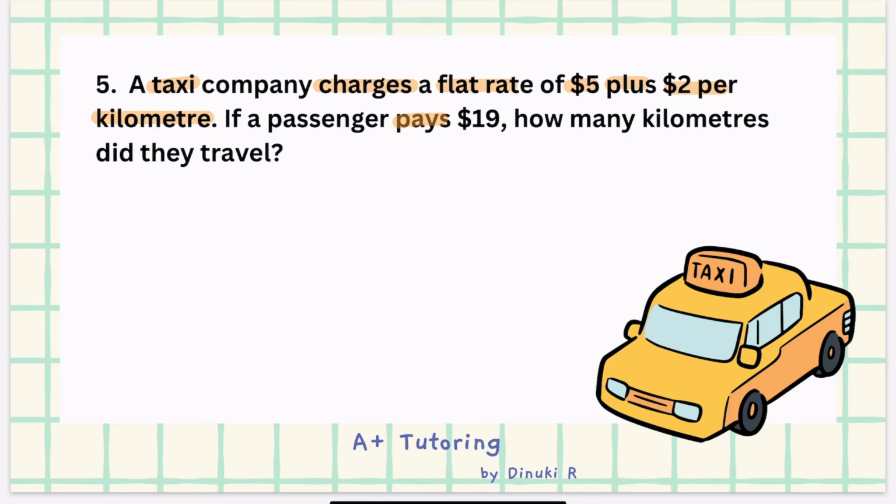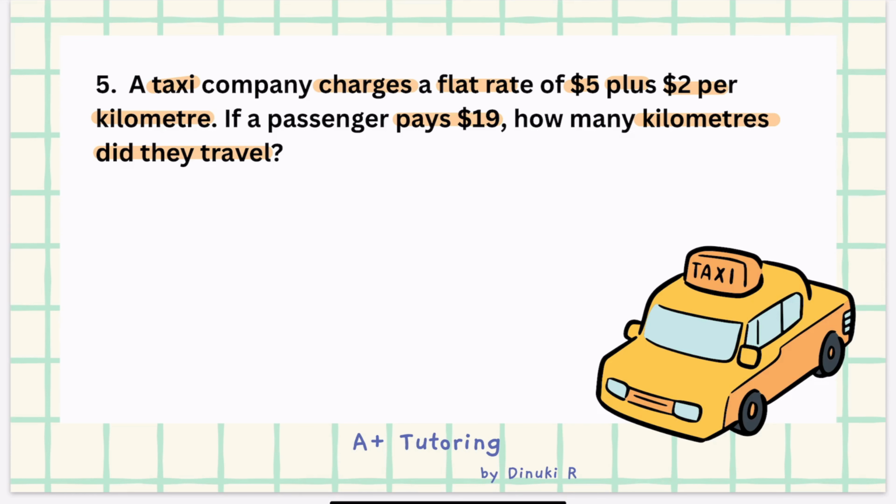If a passenger pays $19, how many kilometers did they travel? With questions like this, it's really important to ask yourself what you're trying to figure out. A lot of students rush through the question, and sometimes they don't figure out how many kilometers, and they might figure out something else. So make sure you read through the question and understand what you have to figure out.